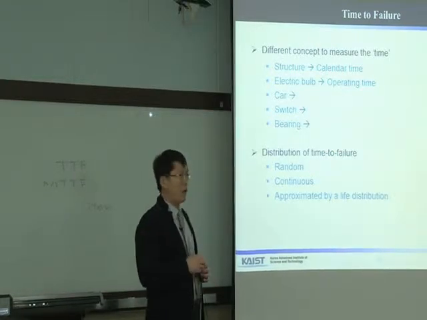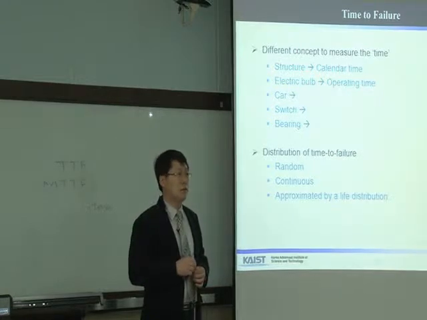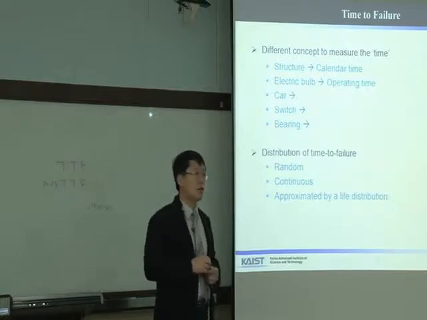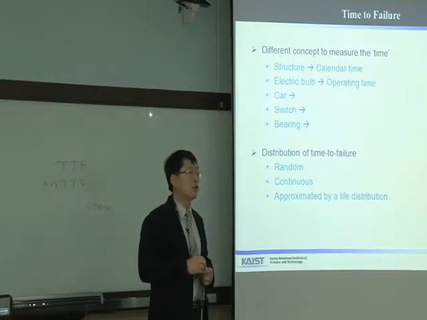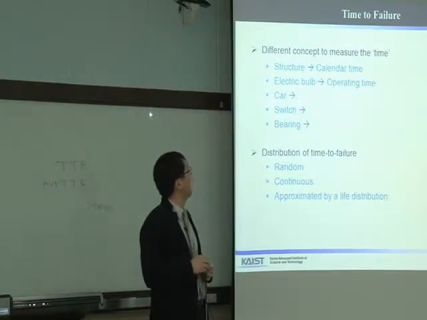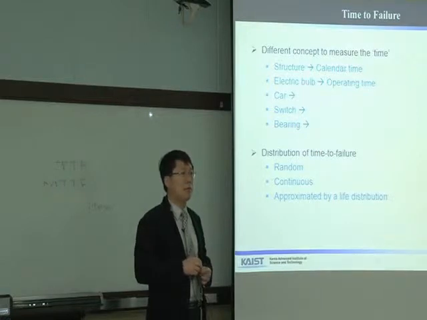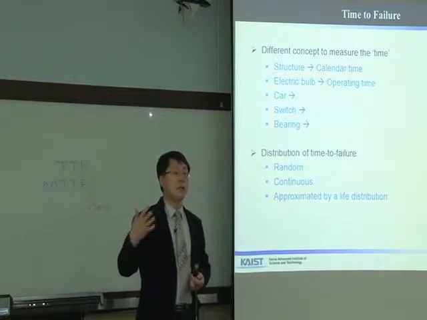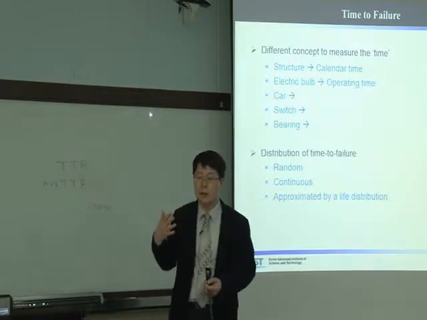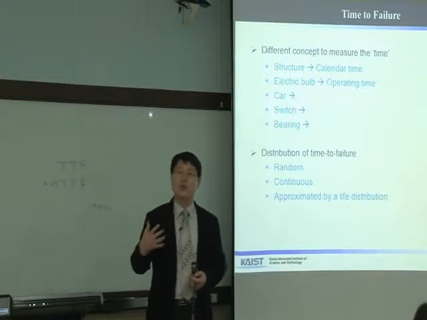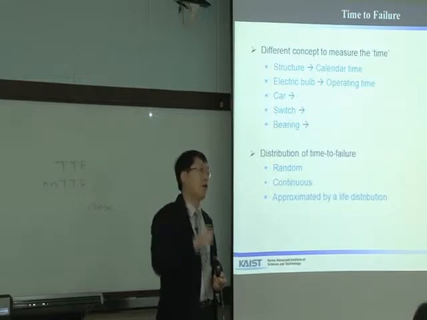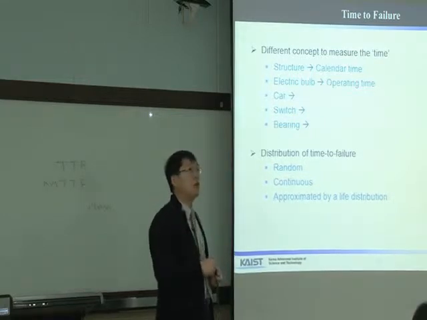The meaning of time is different from item to item. Consider a structure. For a structure, the calendar time is the time. The most natural time to us is the calendar time, the clock. Another thing like an electric bulb.